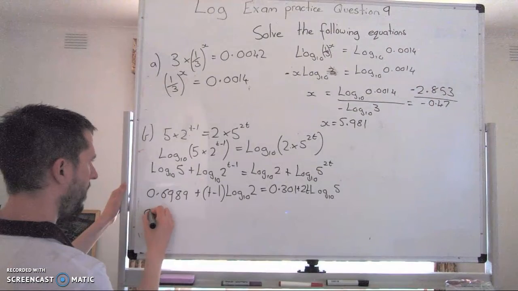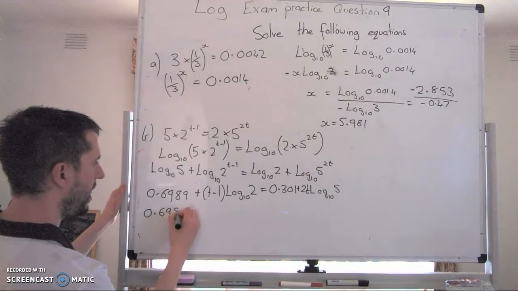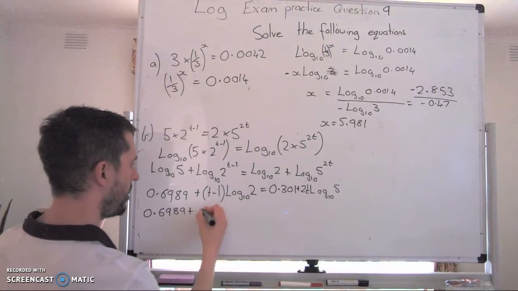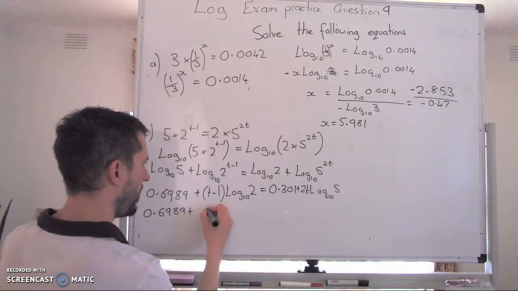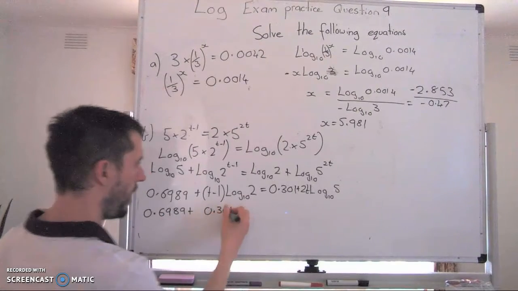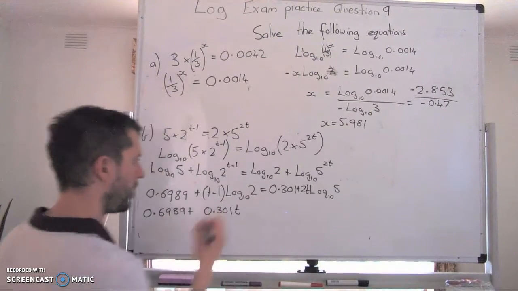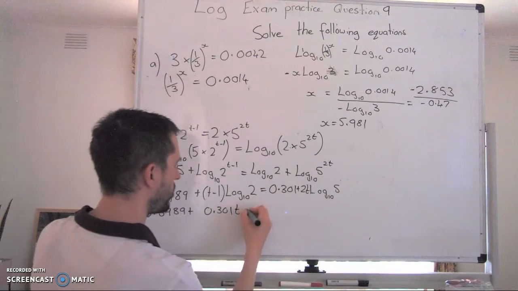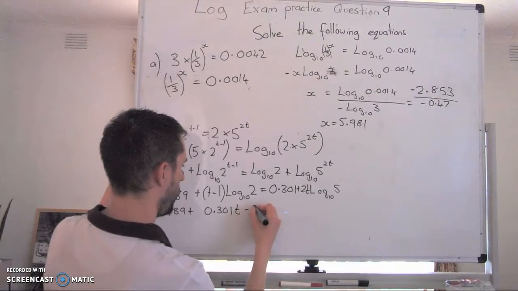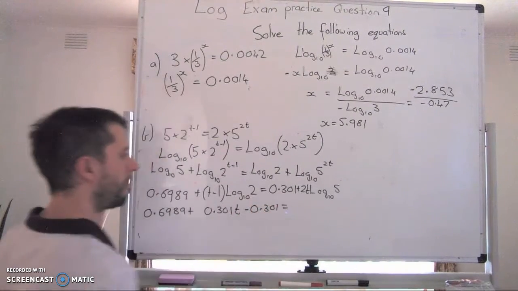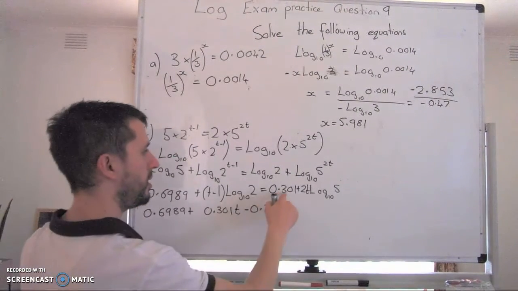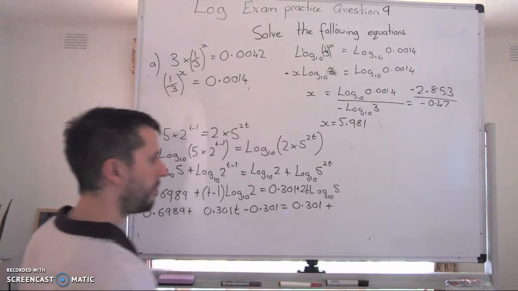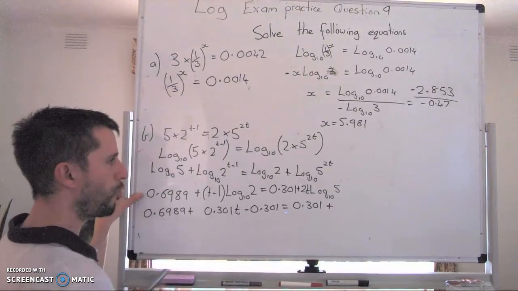So I'm just going to simplify this now as 0.6989 plus, we know log 10 2, we've just done it over here, is 0.301. So I've got 0.301 times t and 0.301 times negative 1, which is negative 1 lot of 0.301. That is equal to 0.301 plus, again, log 10 of 5, we already know what it is.